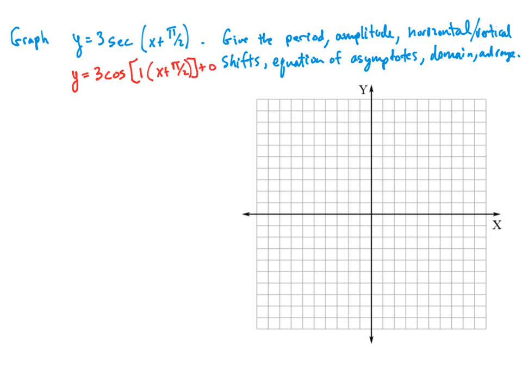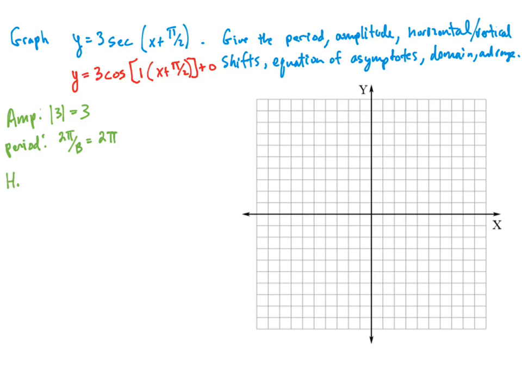Okay, just so we can be explicit about what any horizontal or vertical shifts are. So we're going to proceed by getting all the information for the cosine graph. The amplitude here is the absolute value of the leading coefficient, so that's 3. The period length is 2 pi over the b value, which is 1, so 2 pi is the period length.